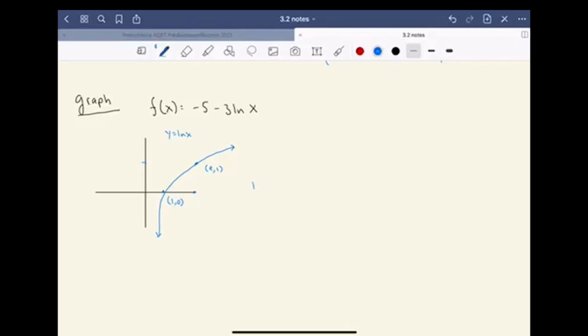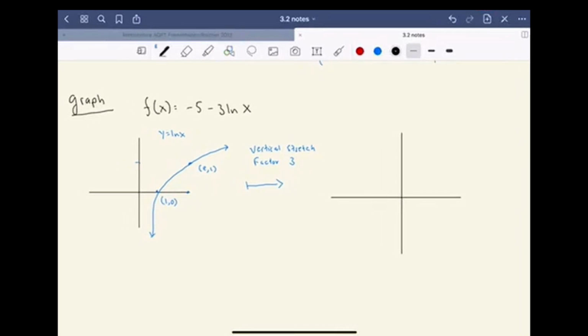Next, let's do a vertical stretch with a factor of 3. What's that going to go through?